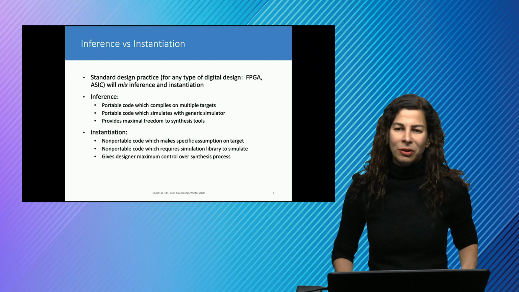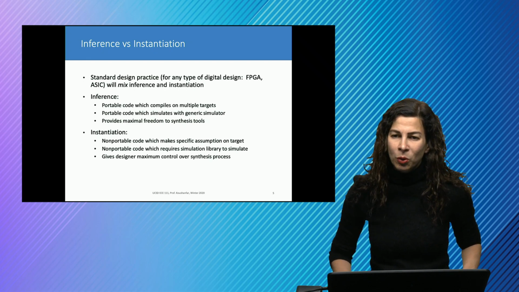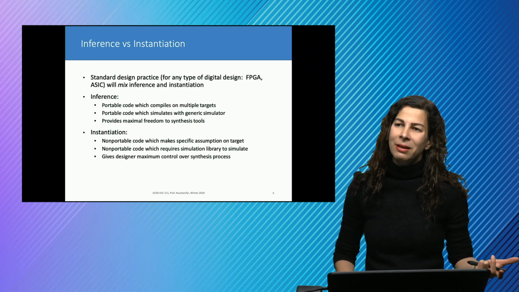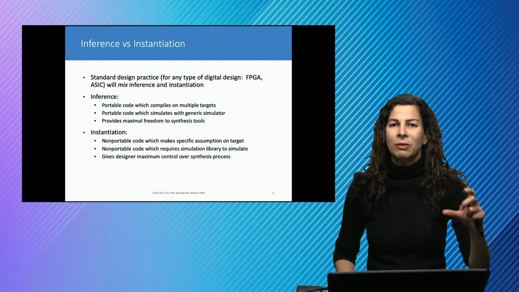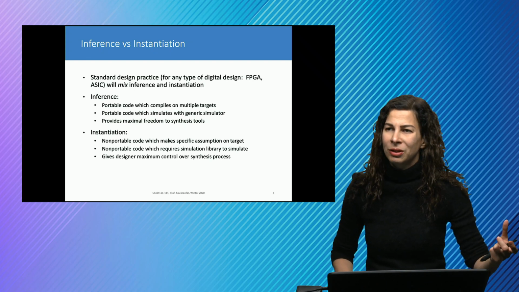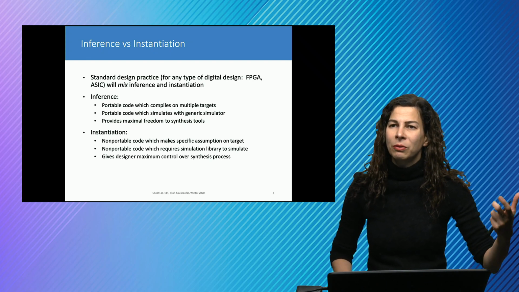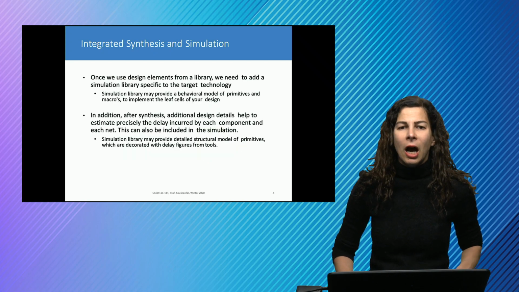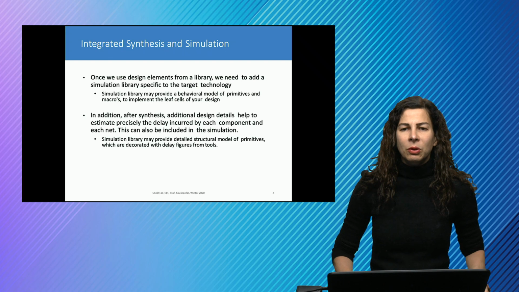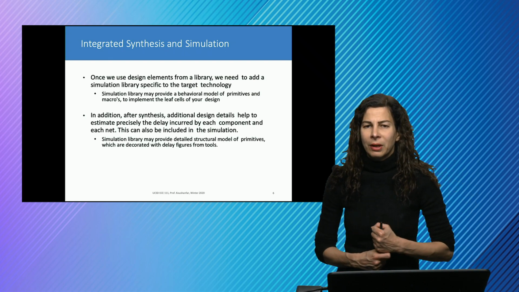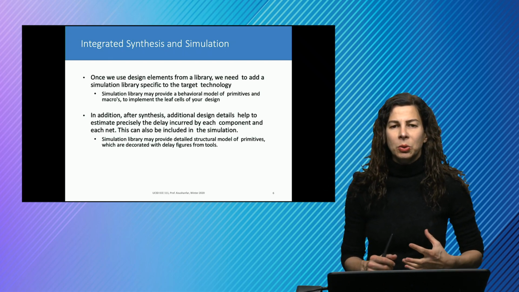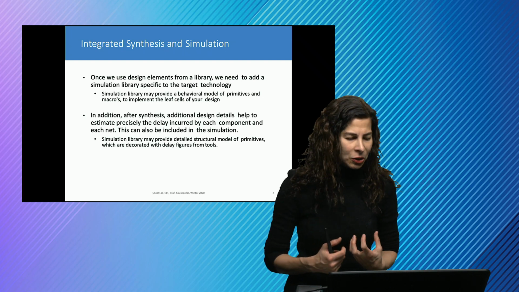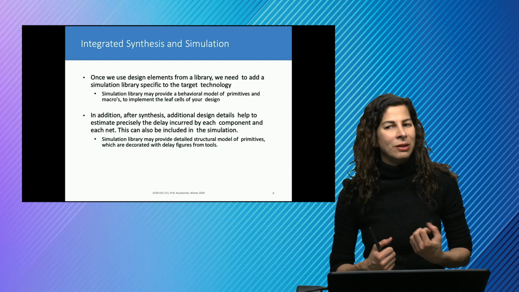Very often, early on in the design, or for portability reasons, we may write portable code, but when you want to customize your design to a specific board, very often we go to instantiation for the board. When we use elements in a library, we need to use a simulation library that is specific to that target technology.